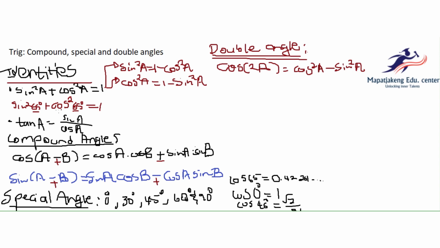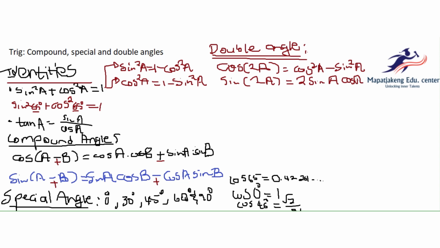Remember, this is not the same as the first identity. The first identity starts with sine, this one starts with cos, and this one says plus, that one says negative. So it's not the same. Another double angle goes to sine, whereby you have sin 2a. This expands to 2 sine a, it doesn't have a square, times cos a.